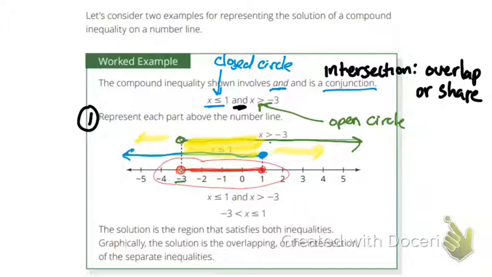Now remember, this looks just like domain and range, which we talked about in first semester. So we start from -3. -3 is our lowest point, 1 is our greatest point. Since this is domain, going left and right, this is represented with an x, and less than for -3 because it is an open circle, and then less than or equal to for 1 because it is a closed circle.